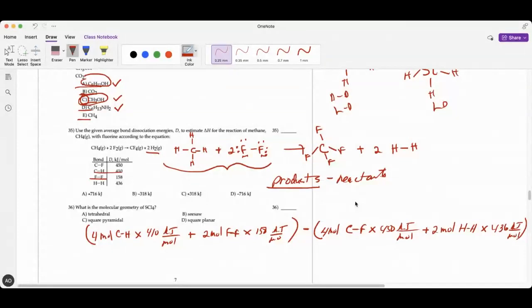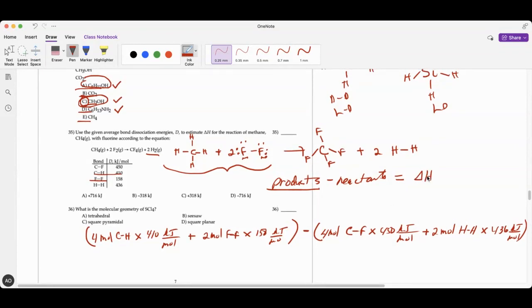Because this is going to be equal to delta H. But again, you'd have to have negative signs for the products and positive signs for the bond dissociation energies of the reactants. Okay? So do it either way. This way, when we take the reactants minus the products, it takes care of not having to worry about the negative sign.